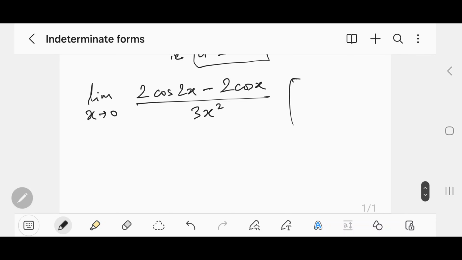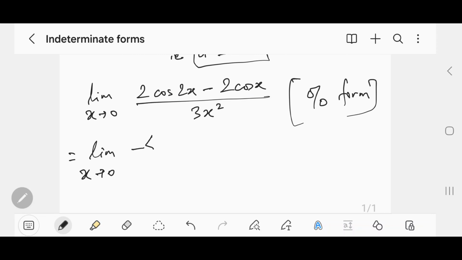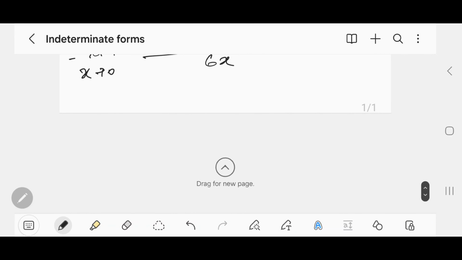This is still in the form of 0 by 0. Again use L'Hopital rule. That means the derivative of the numerator again will be, cos derivative is minus sine, so minus 4 sine 2x plus 2 sine x by 6x.